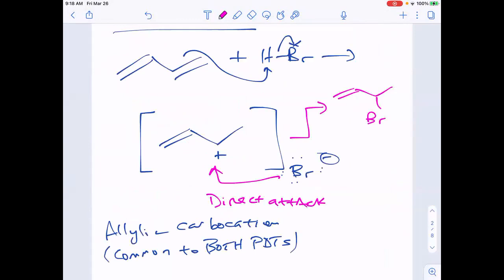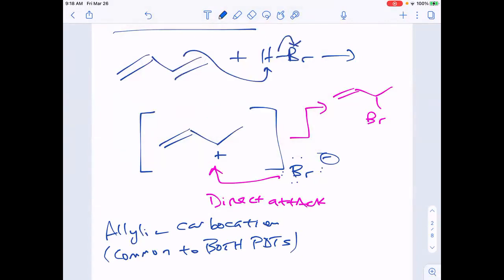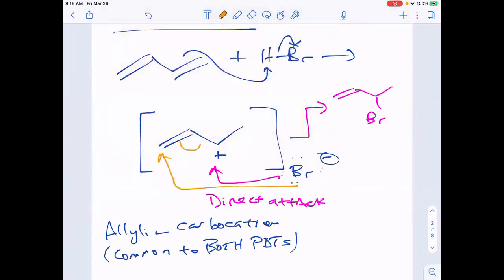Everybody see that or no? Or I can attack here, like so, and shift the alkene over. So that's going to give me this product.